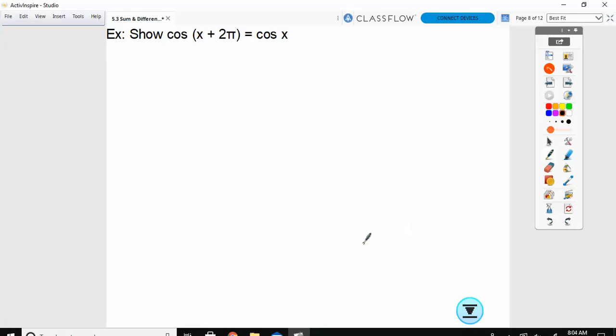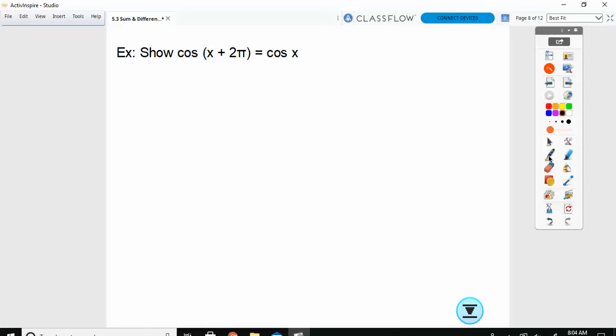Let's do a proof with these. So the proof thing doesn't really go away. We can still use these. If I look here, we try to box in the simpler side. So which one would that be? Right, cosine x is definitely easier. So on the left I have cosine of something plus something.